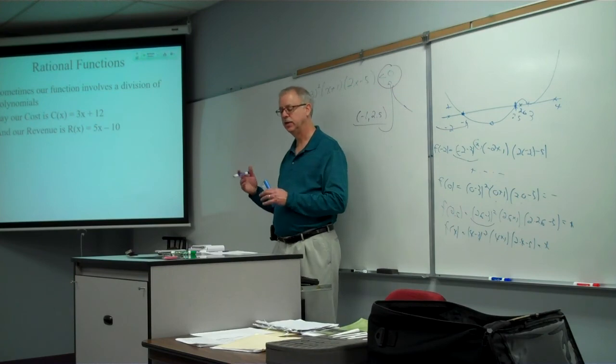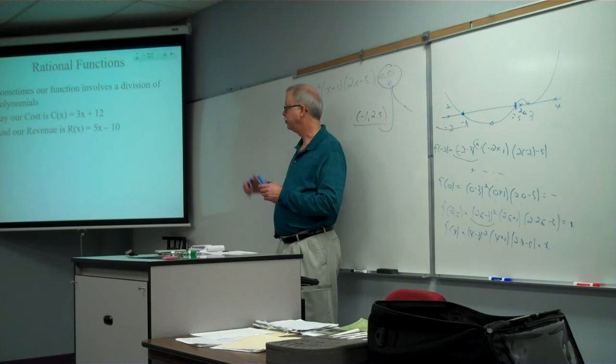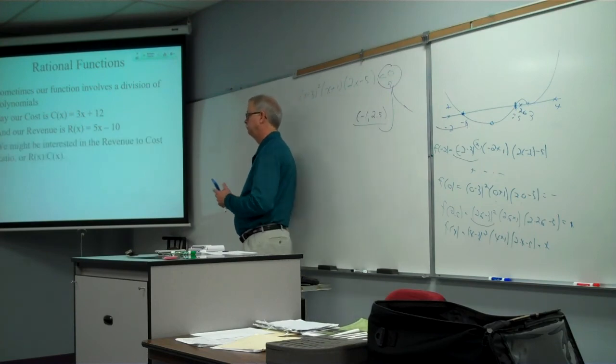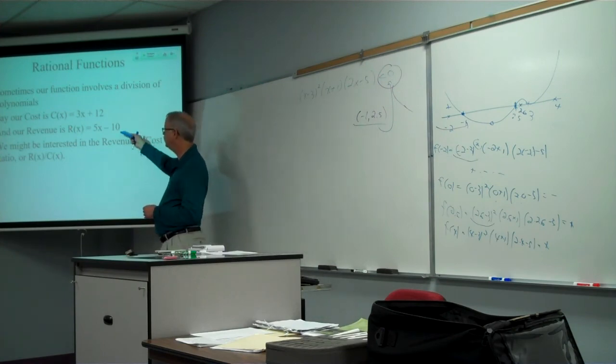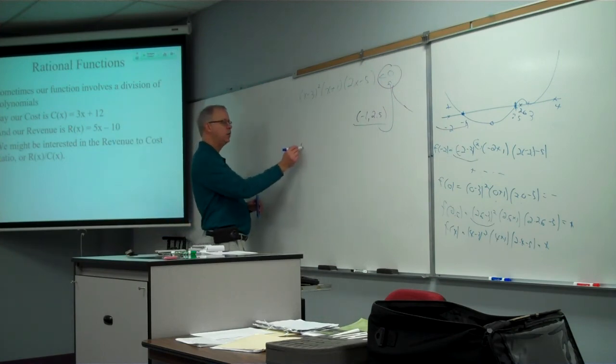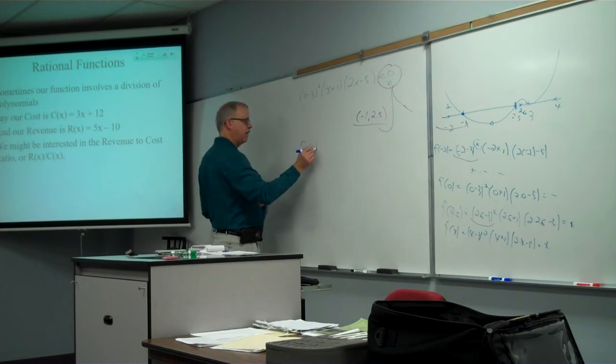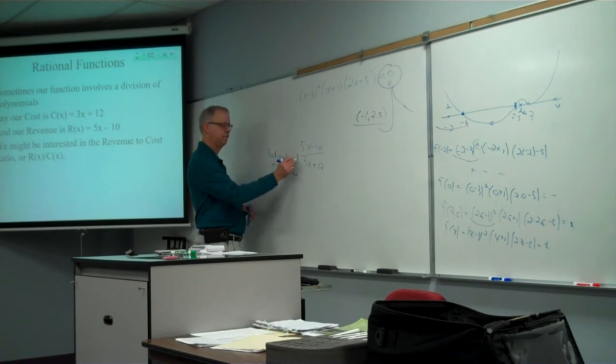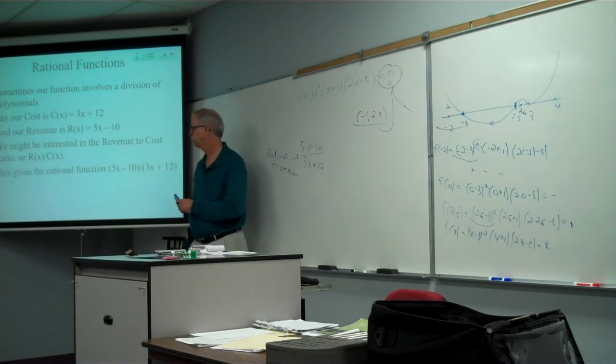For advertising and some different things, you don't start earning money right away, but after a while the revenue kicks in, and so we might want to know, well, what's the ratio of revenue to cost? We just take our revenue function divided by the cost function, and we get what's known as a rational expression, or a rational function.